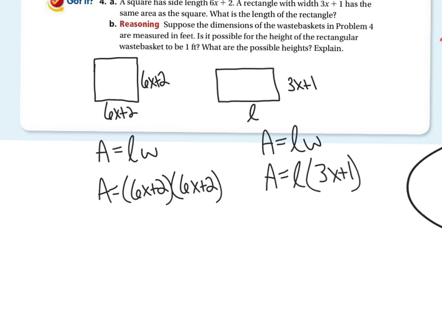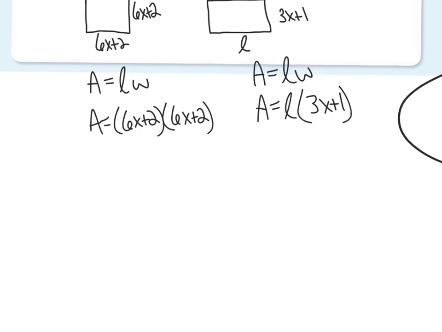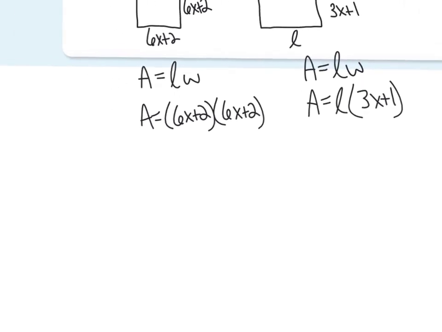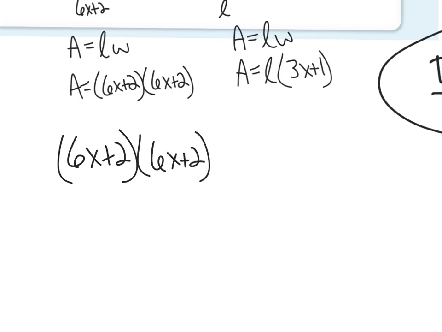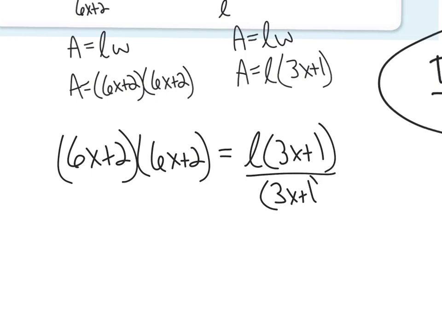So just like we did in the previous example, at this point, we're saying that these areas are equal to each other. And so what we could do is simply set these areas equal to each other. We set them equal to each other, and now we can solve to figure out what the length is. So to get the L by itself, we would have to divide by 3x plus 1.